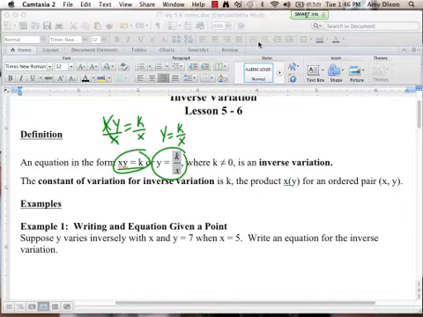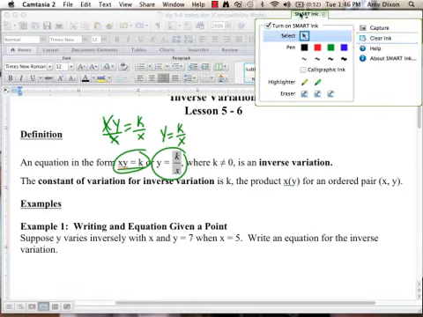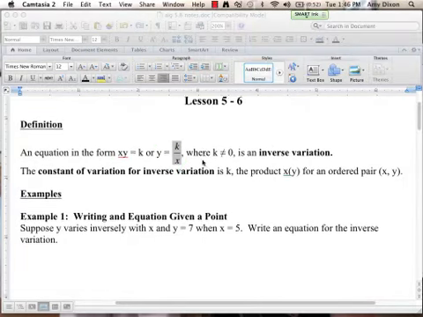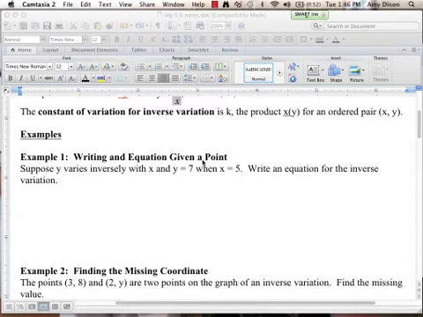All right, so let's look at some examples here. Example 1, writing an equation given a point. Suppose y varies inversely with x and y equals 7 when x equals 5. Write an equation for the inverse variation.